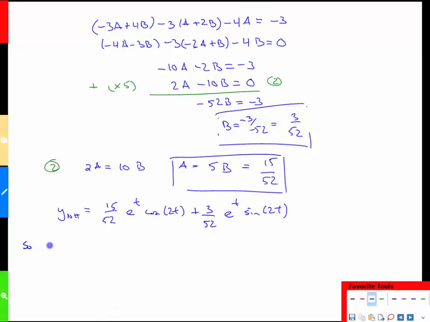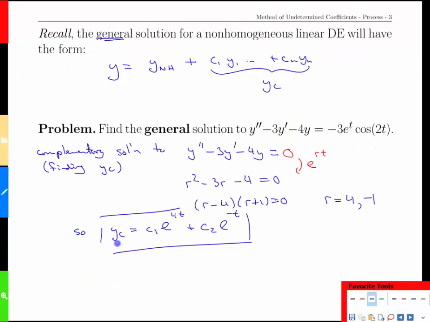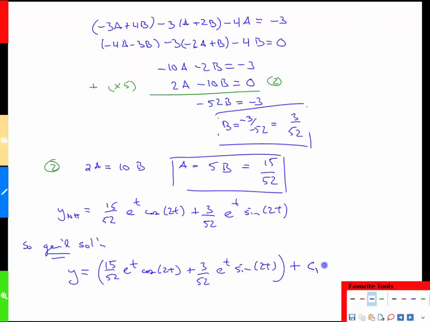And so, at long last, the general solution, remember this is just one part of the solution, the general solution is our non-homogeneous part, 15 over 52 e to the t cos 2t, 3 over 52 e to the t sine 2t, and that is going to get added to the complementary solution which we found earlier, c1 e to the 4t plus c2 e to the negative t. And so that's our complementary solution there.